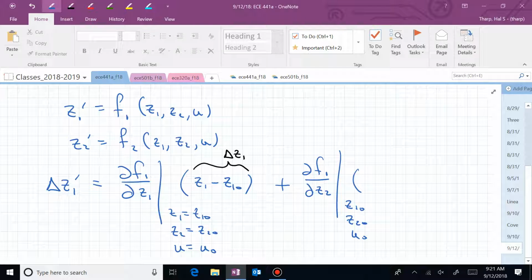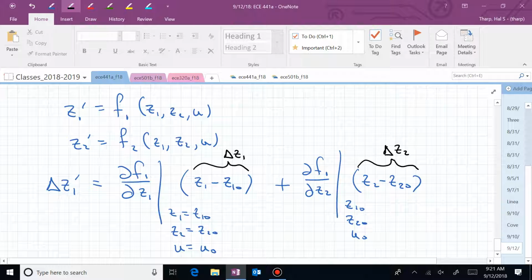I have 3, don't I? But this was the partial of f1 with respect to z2. This is now z2 minus z2, 0, or this is now the small variation of that second component of our z vector.